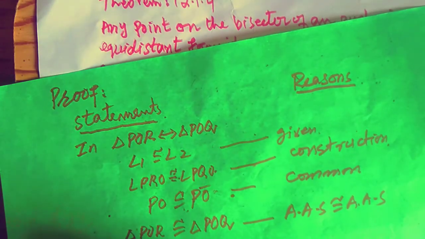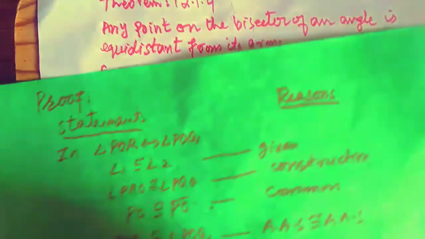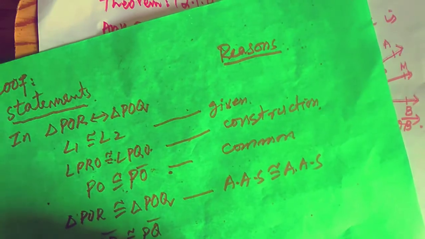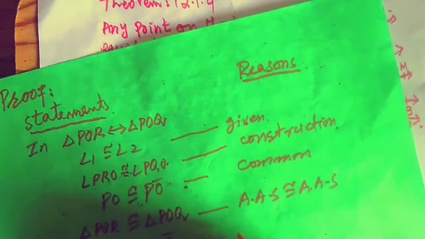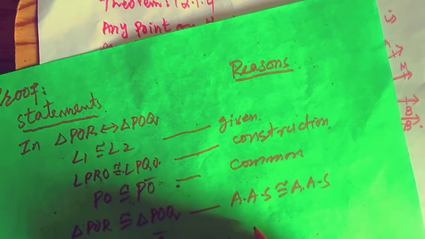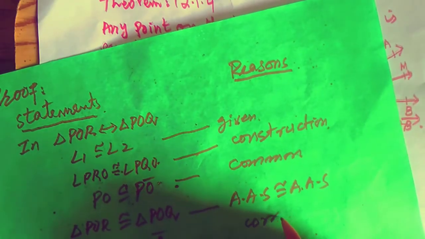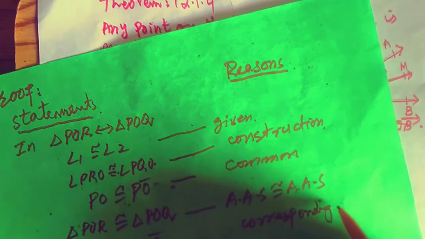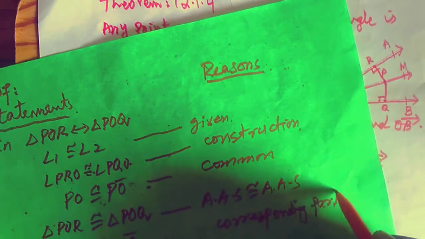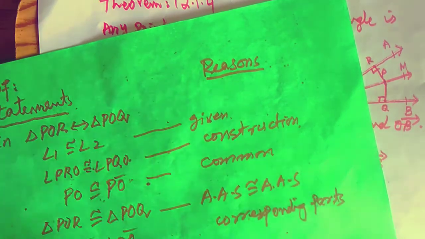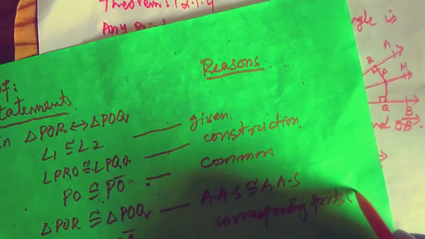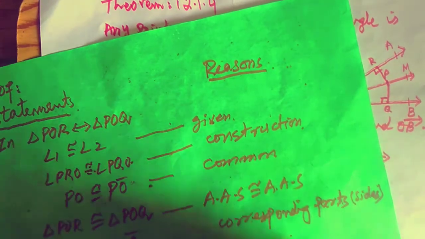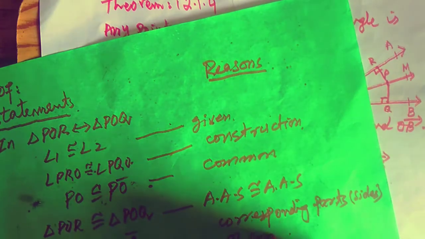PR congruent PQ can be found out by using the CPCT rule. CPCT means corresponding parts of congruent triangles.